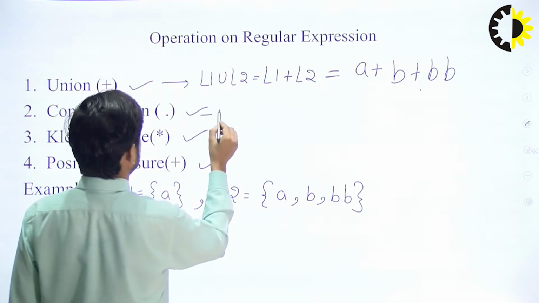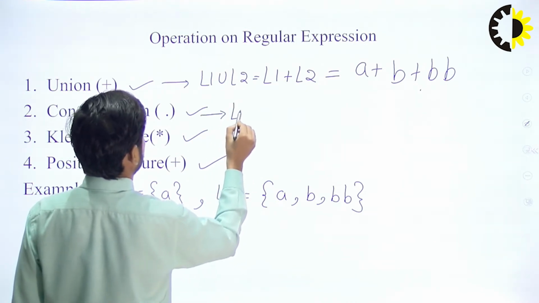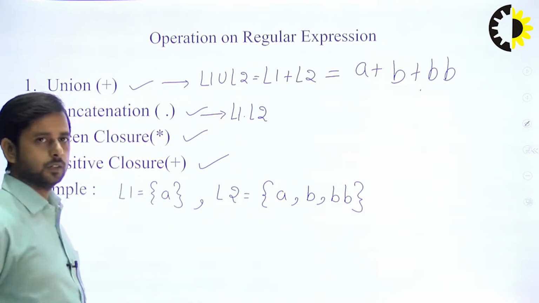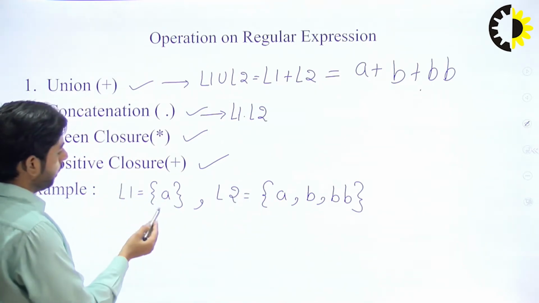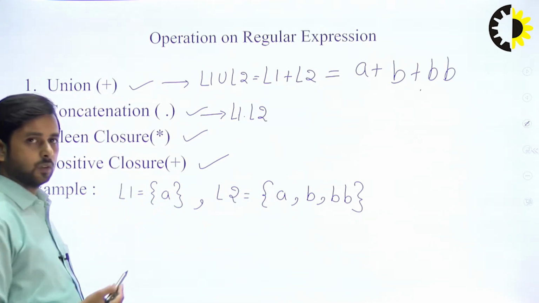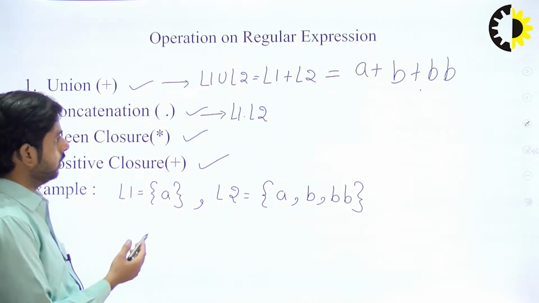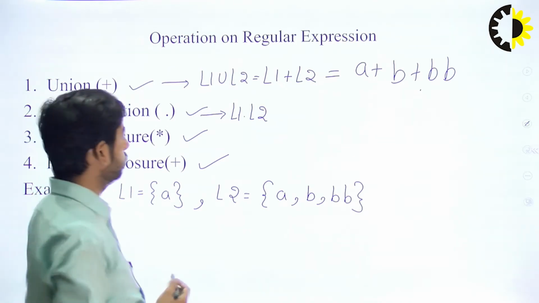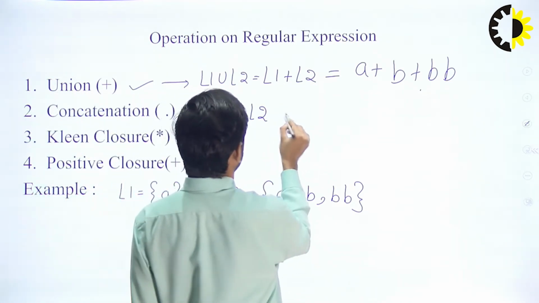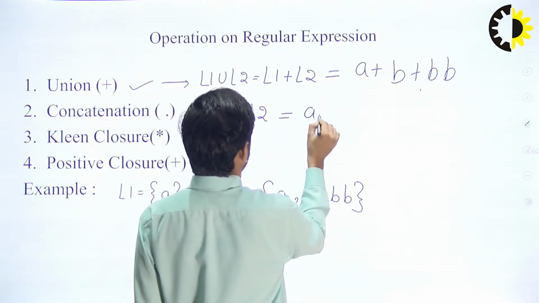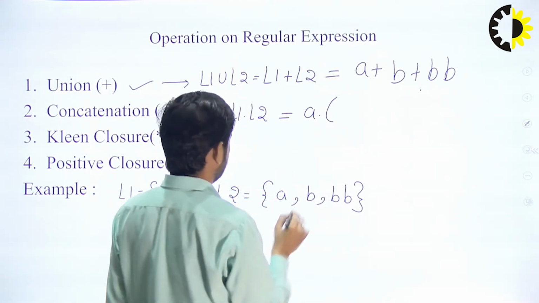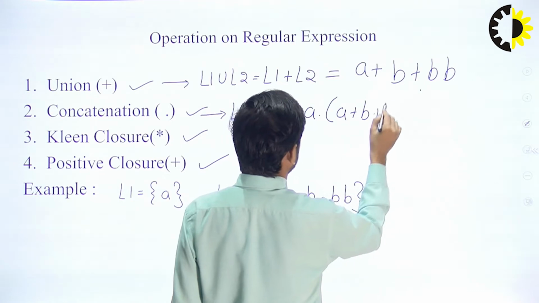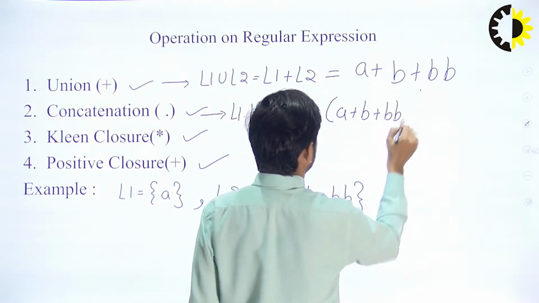Next is the concatenation. If we apply the concatenation L1 concatenation L2, it means every string of language L1 is concatenated with every string of language L2. So this will be equivalent to A dot (A plus B plus BB).